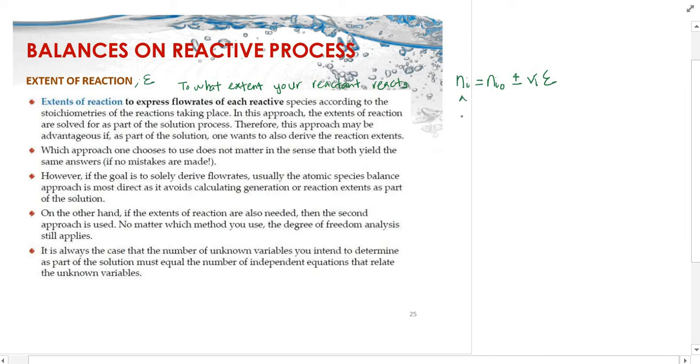Let me repeat. Ni here is the number of moles in your product stream. This one is the number of moles initially.